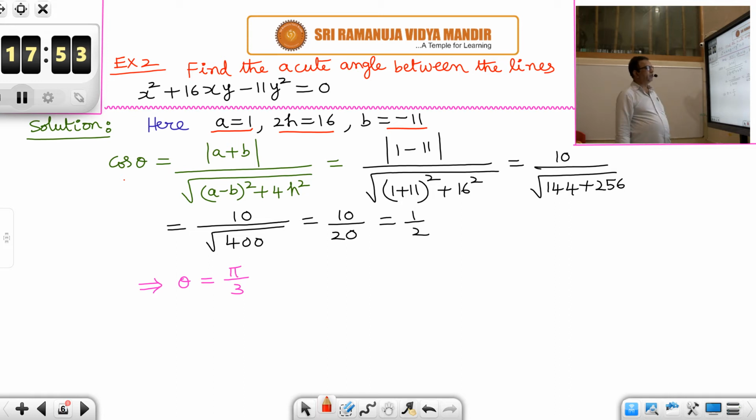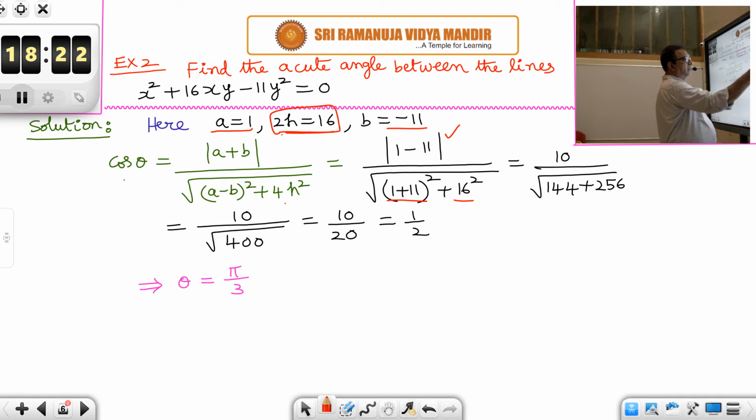Mod of a plus b by root of a minus b whole square plus 4h square. a is 1, b is minus 11, 1 minus 11, modulus is required here because 1 minus 11 is negative. By root of a minus b, 1 minus minus 11 means 1 plus 11, a minus b whole square plus 4h square is nothing but 2h whole square only. 2h whole square is 4h square, so 16 square.